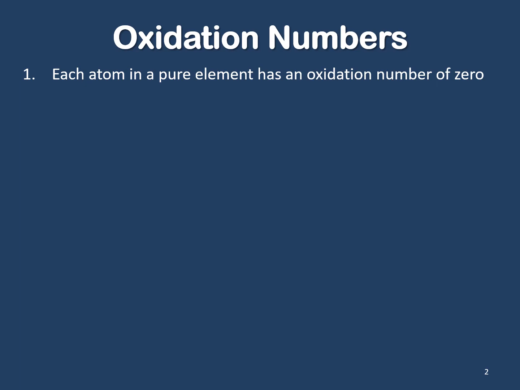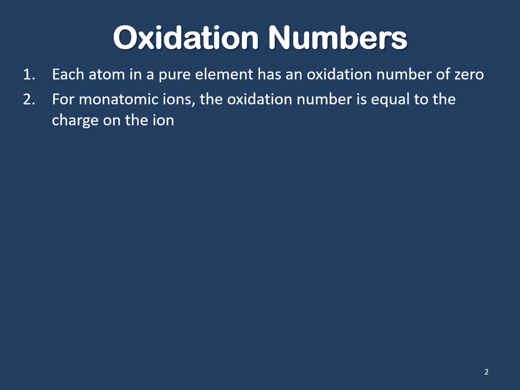The first rule is that each atom, if it's a pure element in its normal state, right? So O2 gas would be an element in what we call its standard state. It has an oxidation number of 0 in that substance. If we had iron solid, iron is a pure element and it's in its normal state at room temperature, which would be a solid, and therefore its oxidation number would be 0.